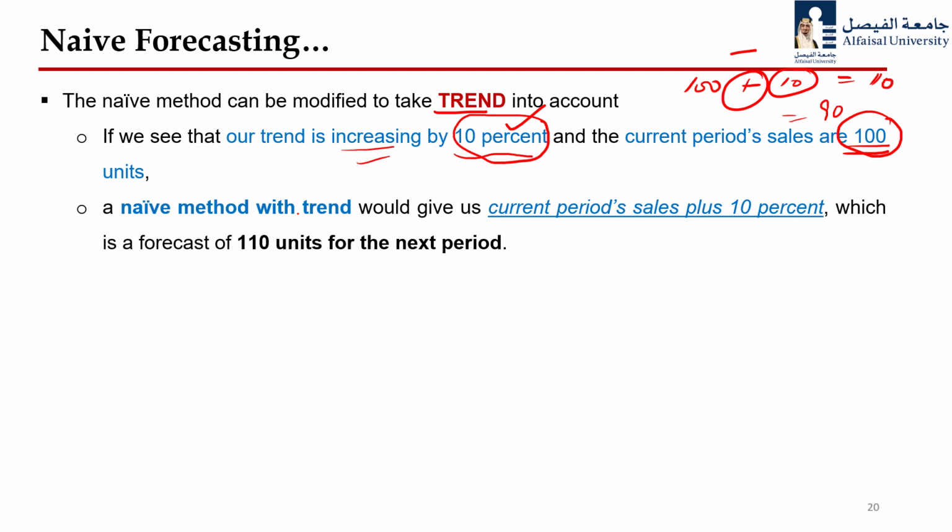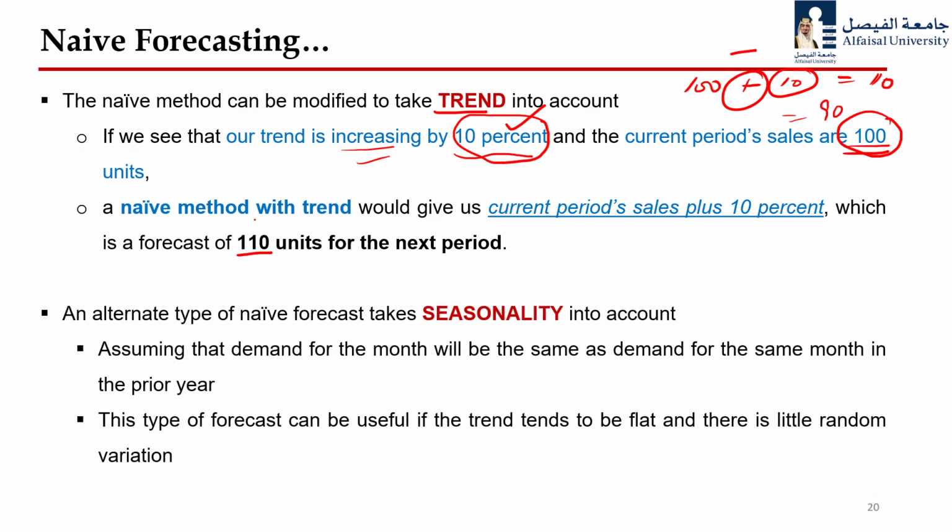So that would be 90 as the next period forecast. But right now we have taken that there is an increasing trend, so that's why we are adding 10 to the 100, which was the current period forecast, so the next period forecast would be equal to 110. And then if there is a seasonal component, that is known as the seasonal Naïve forecast method, it says that the last year's value for that particular month would be the same as the next year's value for the same month.